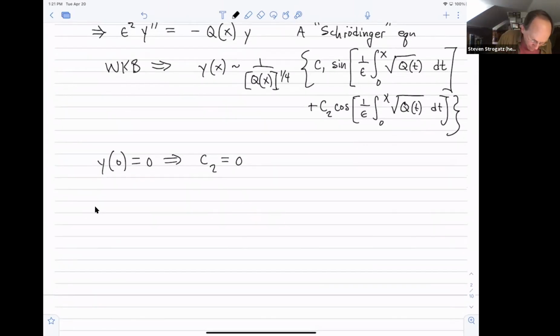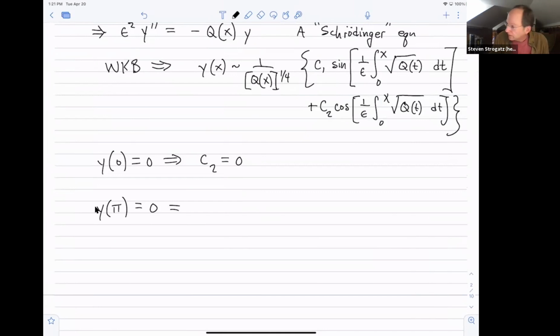So what about the other boundary condition? Well, y of pi equals 0 equals, according to this formula, I don't really need the 1 over q to the 1/4; when I evaluate it at pi, that just gives me some positive constant, which I can cancel out.